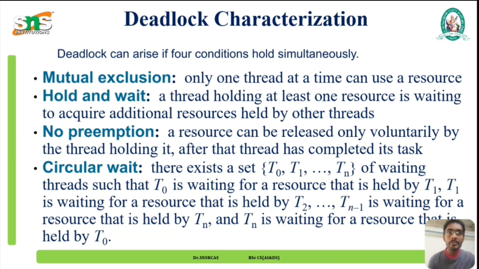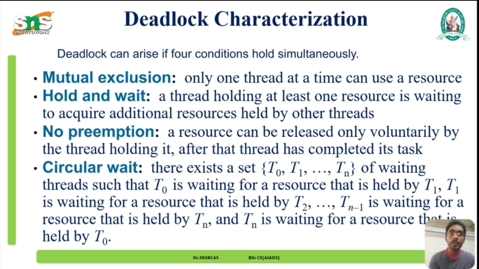Deadlock can arise basically when 4 conditions hold simultaneously in an operating system, which are: mutual exclusion, hold and wait, no preemption and circular wait. Mutual exclusion is nothing but there should be a resource which is non-shareable, which means only one thread or task can use that particular resource at a time.